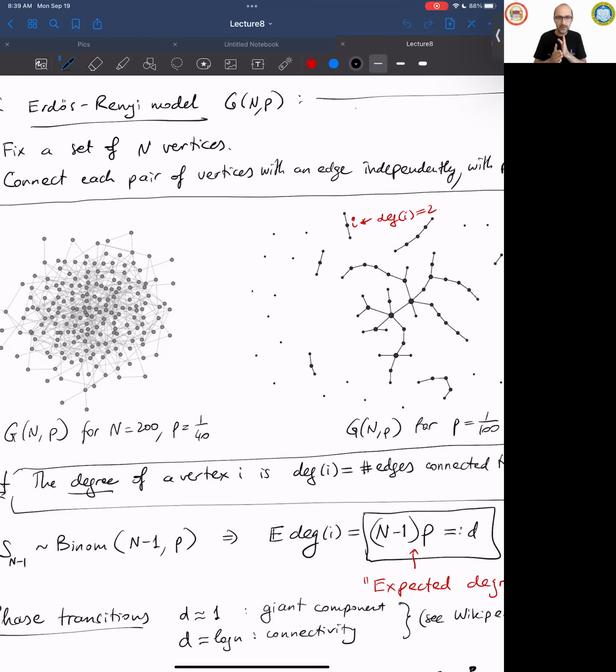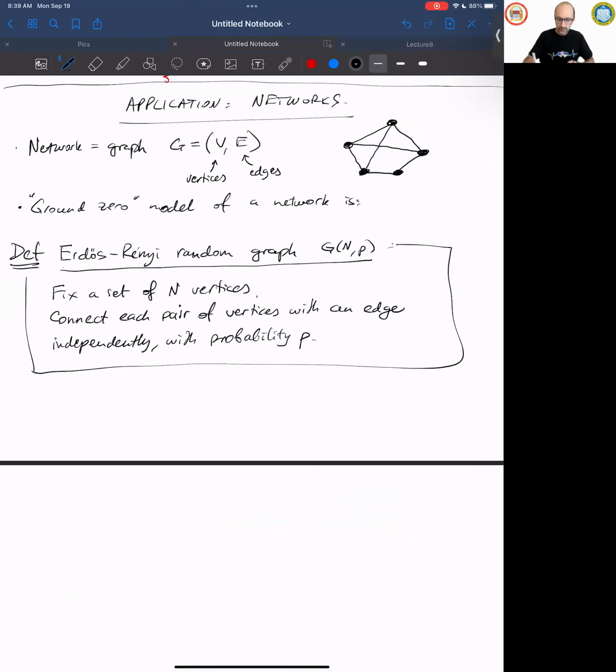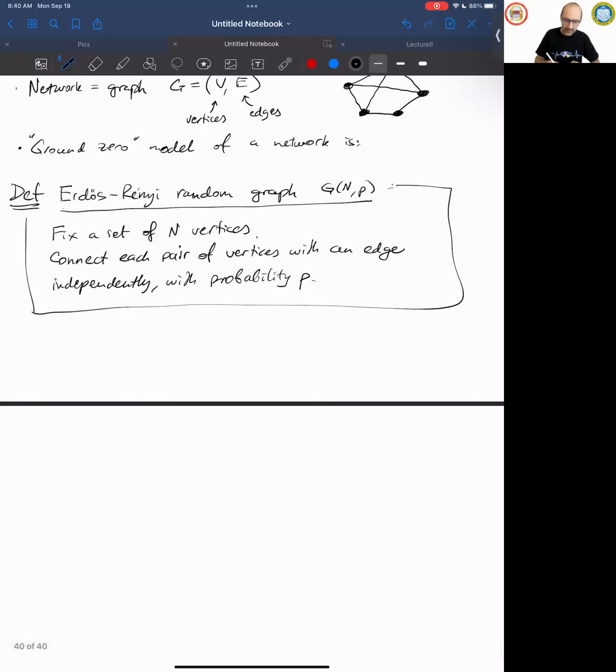There is always this sharp transition that happens at some P, almost as if this was physical matter. Amazing. Okay, I should probably not talk too much about it. This is an absolutely amazing object. What I just mentioned is that there are phase transitions, almost like in physics, that occur.